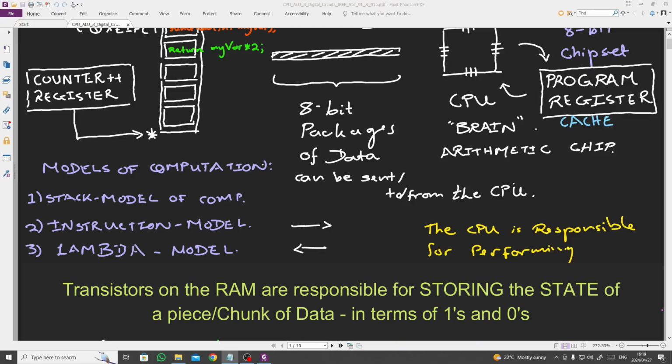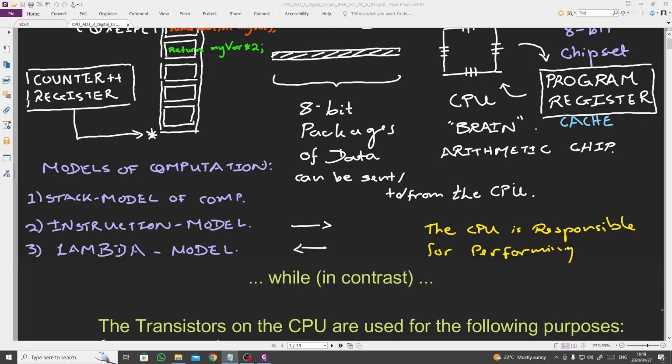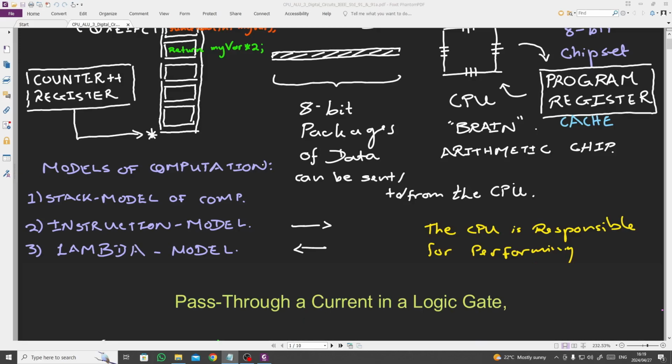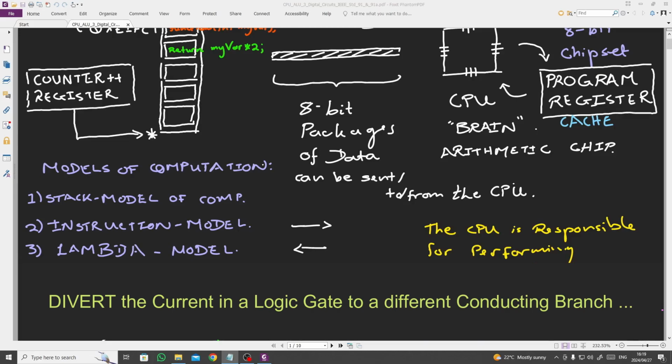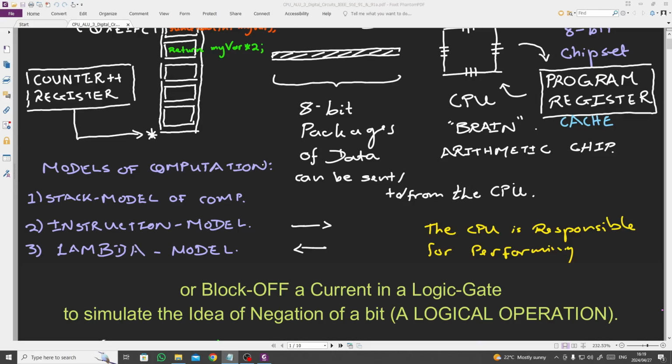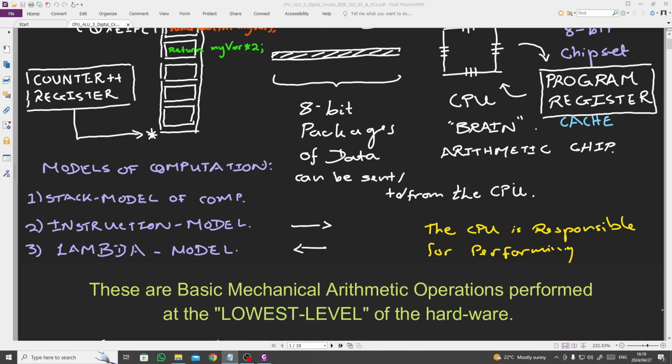Transistors on the RAM are responsible for storing the state of a piece or chunk of data in terms of ones and zeros, while in contrast, the transistors on the CPU are used for the following purposes: either to pass through a current in a logic gate, or divert the current in a logic gate to a different conducting branch, or block off a current in a logic gate to simulate the idea of negation of a bit, a logical operation. These are basic mechanical arithmetic operations performed at the lowest level of the hardware.